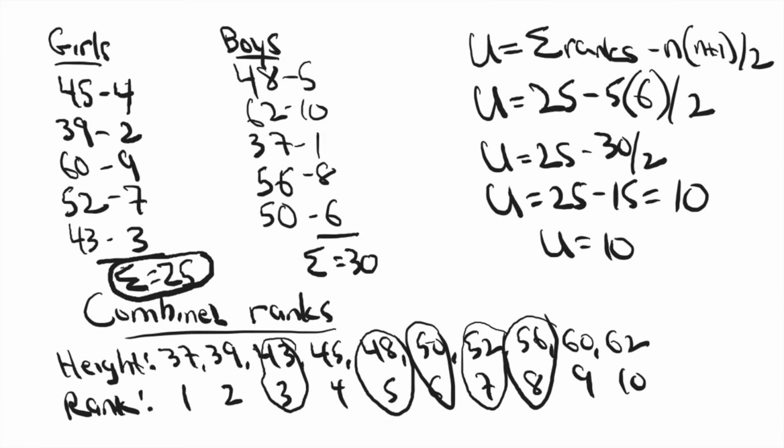And then we need to look in Appendix F and find the critical U value and see if the observed value is smaller than the critical value. Now, remember, for a U statistic to be statistically significant, the observed value, the one that you calculate, needs to actually be smaller than the critical value.